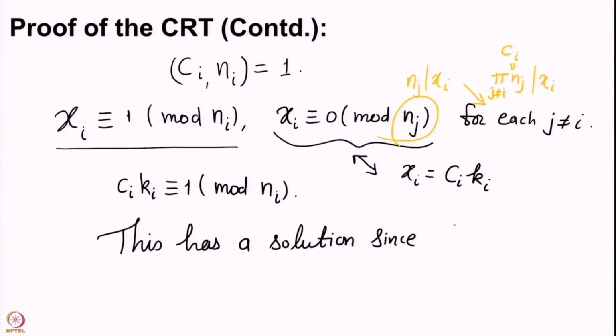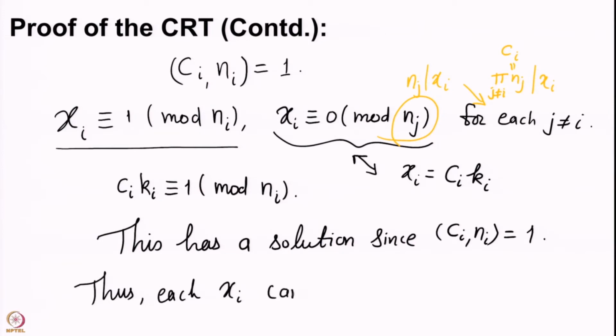Since Ci and Ni are co-prime, thus each Xi can be found.